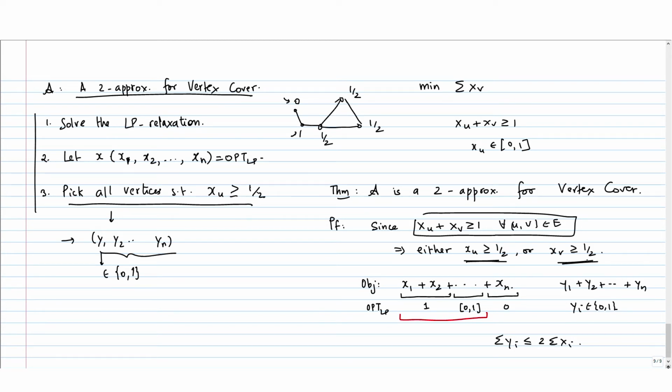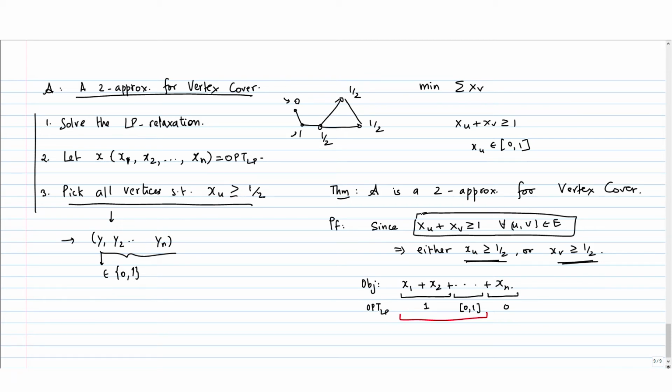Let's do it this way, again. I made a mistake. So, the algorithm is to pick every vertex whose value is at least half. The previous algorithm will also work, but for a different reason.